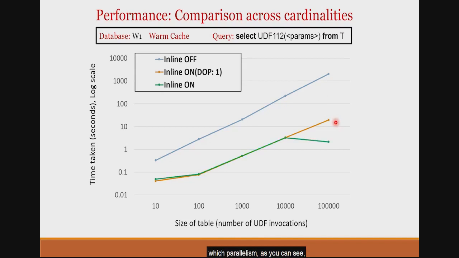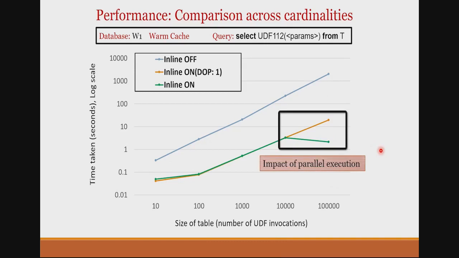And with parallelism, we get an additional order of magnitude improvement at larger cardinalities. This is when the query optimizer prefers to choose a parallelizable plan because it realizes that it is more efficient that way. So you are able to see 3 orders of magnitude improvement due to Froid.